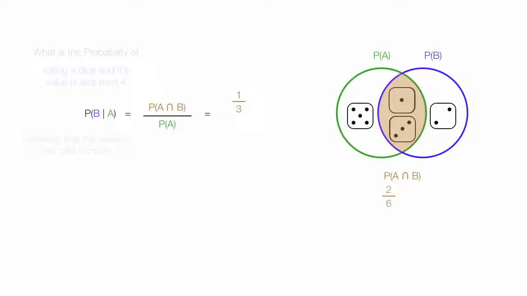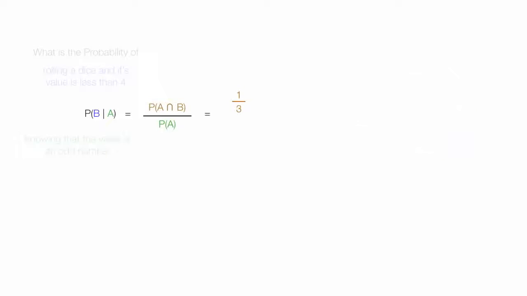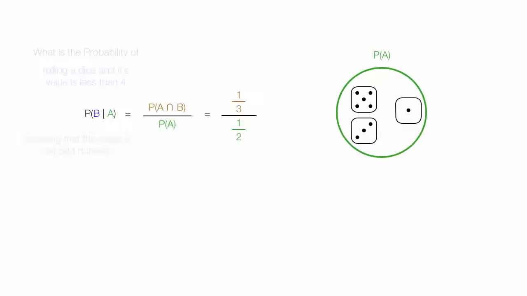That happens 2 out of 6 times, and I simplified that to 1/3, and that's where that 1/3 comes from. This is divided by the probability of event A, which is 1/2. Again, 3 out of the 6 possibilities of rolling a die can be an odd number, and this simplifies to 1/2, and that's where the 1/2 comes from.